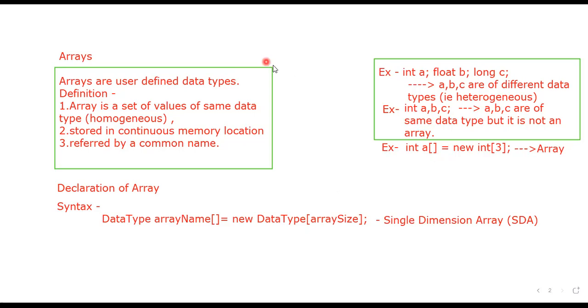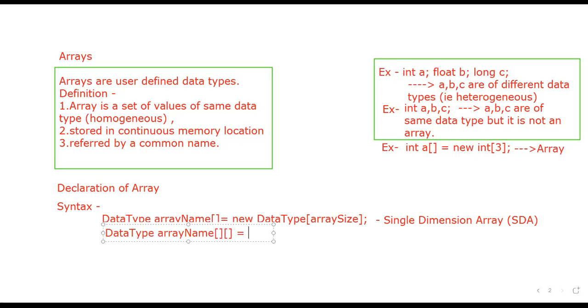At the same time, it is not in the course, but still I'm writing it: data type, array name, and I'm using two pairs of square brackets.